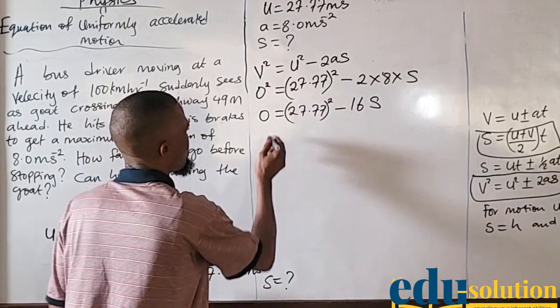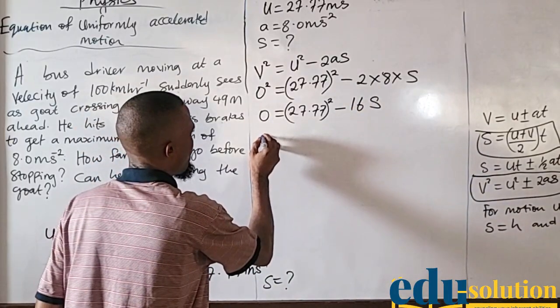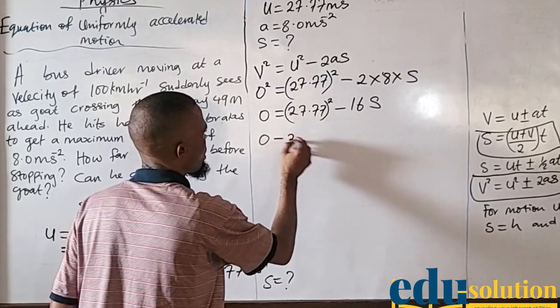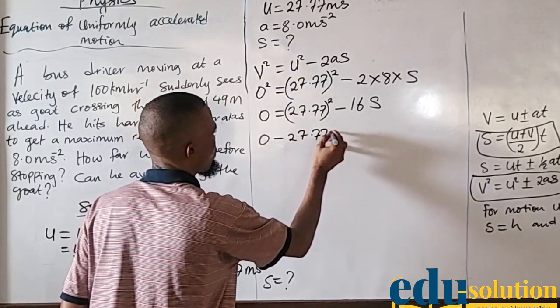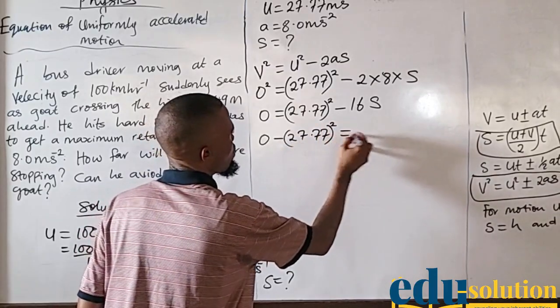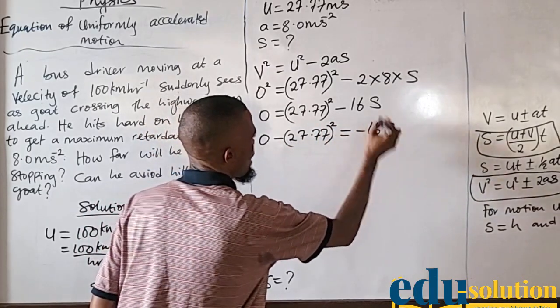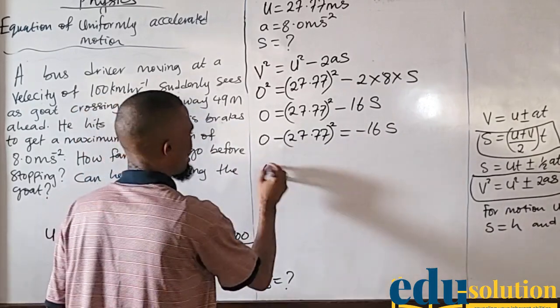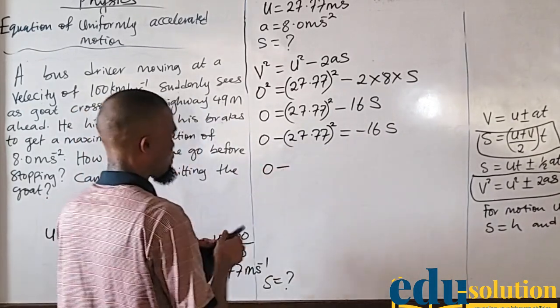If we now collect like terms, we are having 0. This one will move this way and becomes minus 27.77 squared, is equal to minus 16x. So this one minus this, so that I have 0 minus.